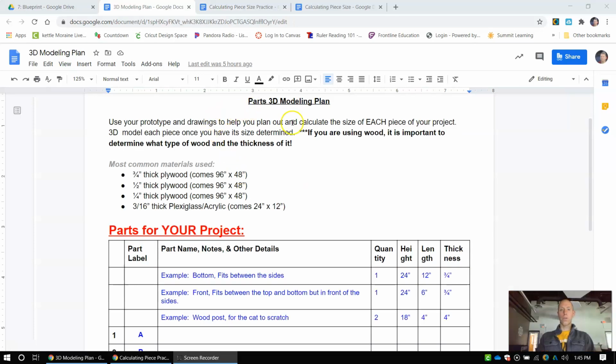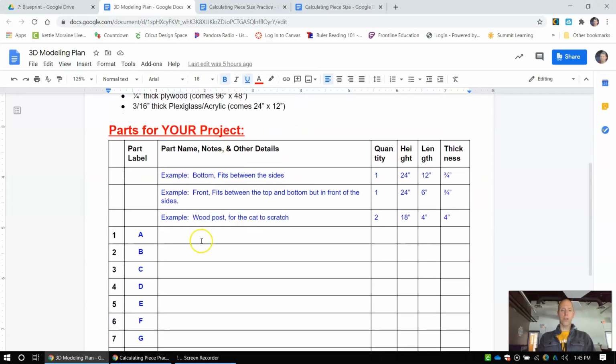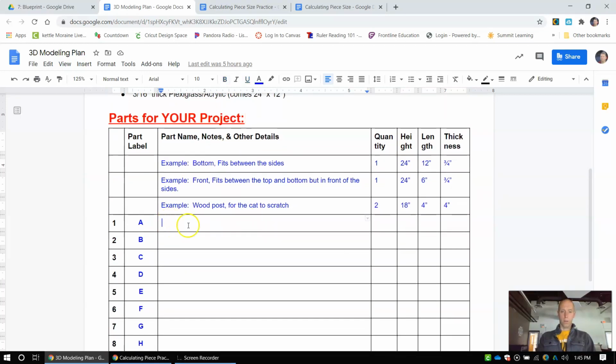What we're eventually going to do is use this Parts 3D modeling plan, where before you start 3D modeling every single piece for your own project, you're going to write down the piece, the description, quantity, and the different sizes of those pieces. On our prototype, one reason why we didn't want to throw it away and crush it is what we wanted to actually do on it. It works great if we take a Sharpie or something that really stands out, and we can label every unique part and give it a letter.